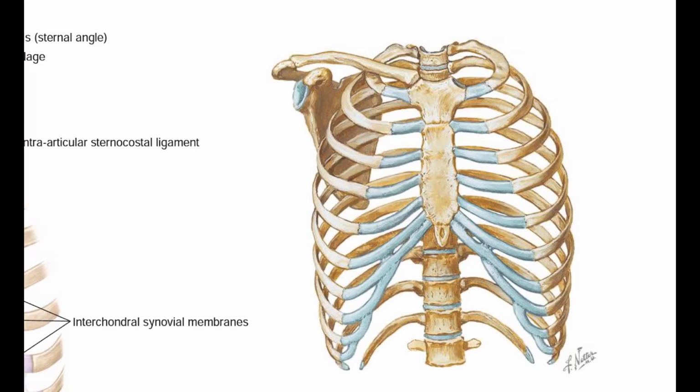The union between the 9th and 10th costal cartilages is usually ligamentous, not like here, where they are synovial joints.